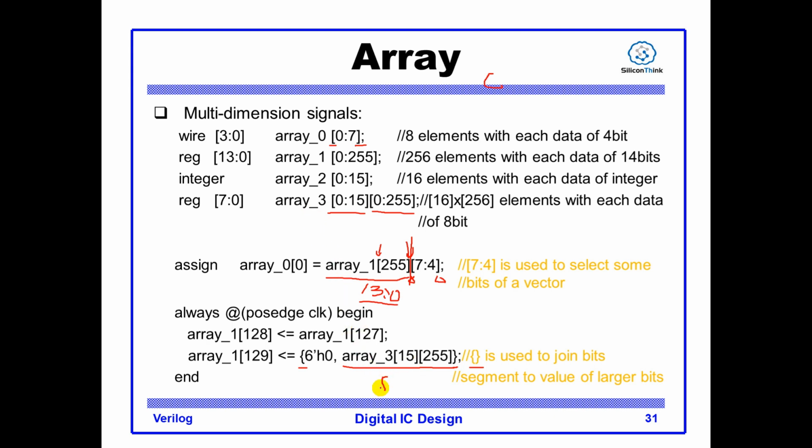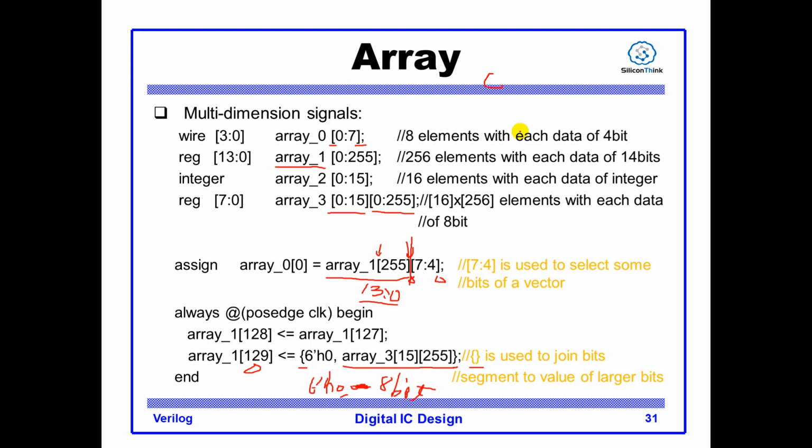This element is 8 bits, and it is joined with a 6-bit 0. This will give you a total of 14 bits, with 6 zeros on the most significant bits and this value on the least significant bits. And the 14 bits will be assigned to this element in array 1.